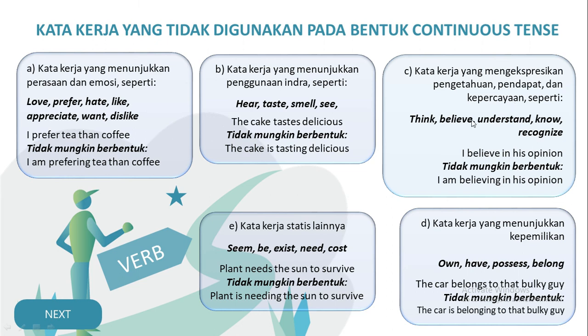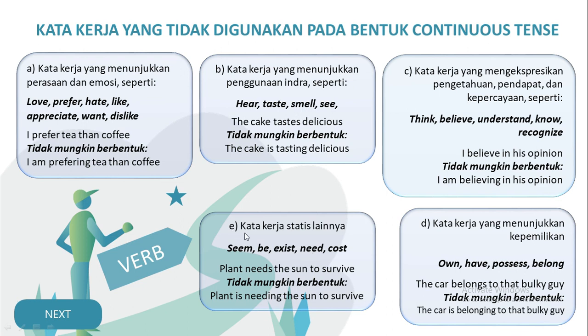For example, think, believe, understand, know, and recognize. The correct one is I believe in his opinion, but you cannot say I am believing in his opinion because this one is wrong. And we also have the verbs to show ownership. For example, own, have, possess, belong. The correct one, the car belongs to that bulky guy. The wrong sentence is the car is belonging to that bulky guy.